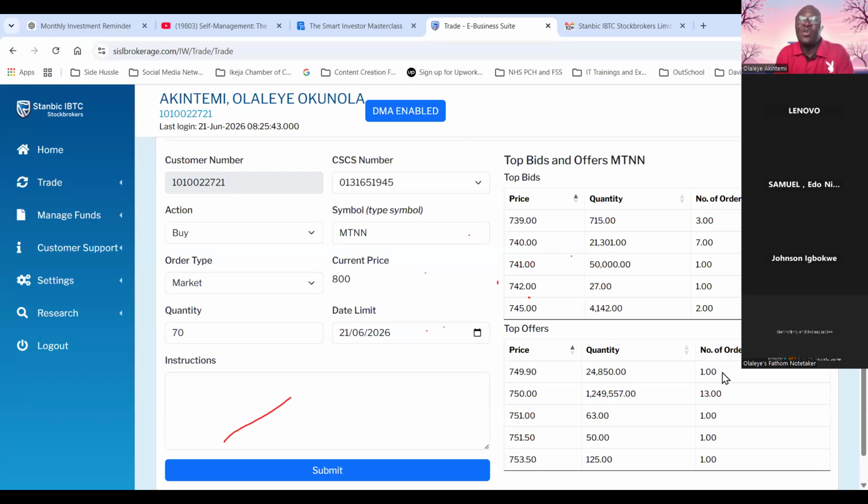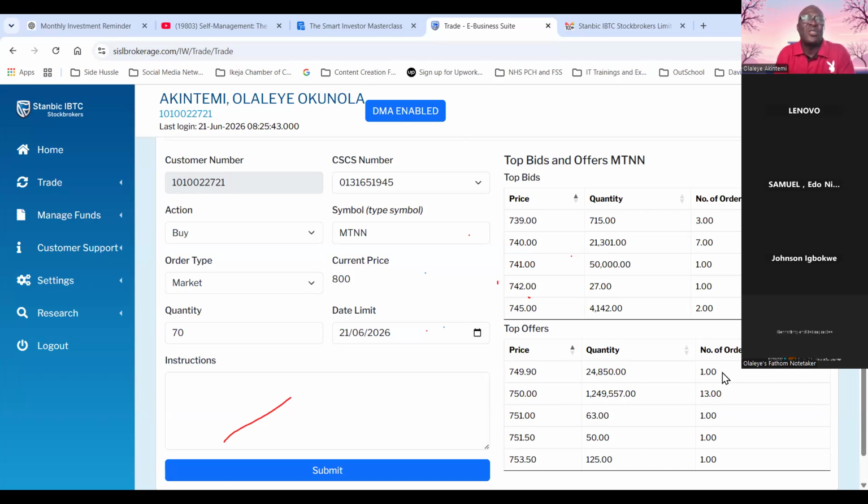And again, another thing I noticed, I think the price varies slightly on different platforms. There was a time I bought MTN on this platform for about 750 naira.